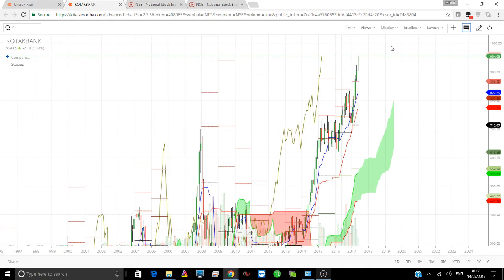Very high chance that it will go up, some chance that it may actually come down. And even if it comes down, I'm perfectly okay to buy this stock. If it comes down to the 860 level on monthly, 860 from 950 is about 10%. So if it comes down 10%, why not?